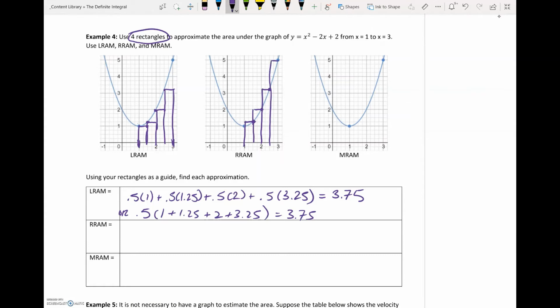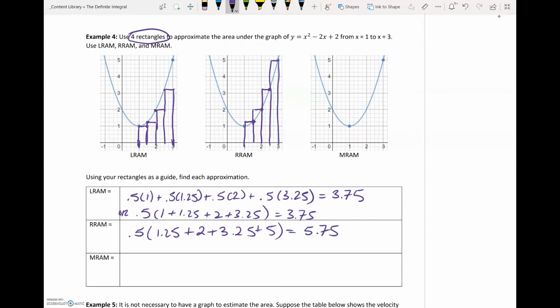That's going to be our 4 subintervals there and our 4 rectangles. Again, if you take a look at the width, they each have 0.5. And then now we're going to look at the height of each. So we have 1.25, 2, 3.25, and lastly 5. I'm going to do this calculation. That's 5.75.